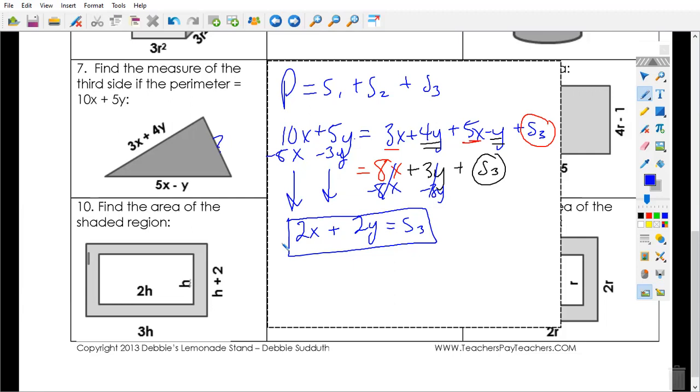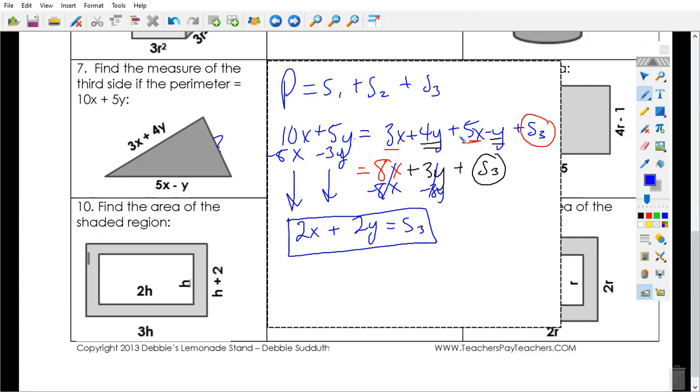What's confusing? So what's the answer? The answer is 2x plus 2y is the third side. First off, perimeter. Perimeter means to add up all sides. It's a triangle, so how many sides do we have? 3. They gave us 2 of our sides, and they gave us our perimeter.